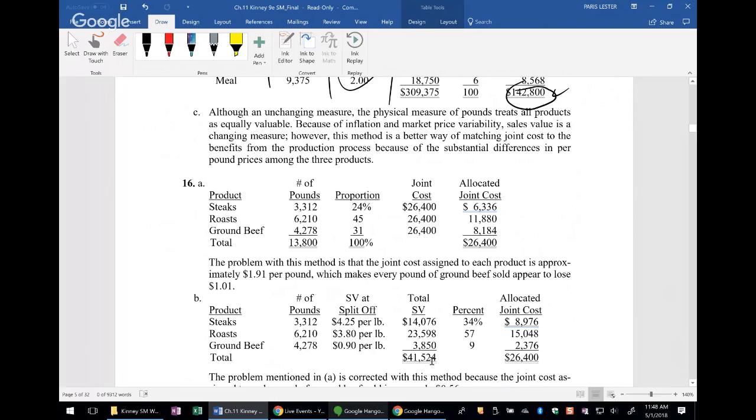Now divide the 41,524 into each item, and you get 34,57.9, and multiply that by the cost of 26,400 in both cases, and here your joint cost is 8,976 instead of 6,336.